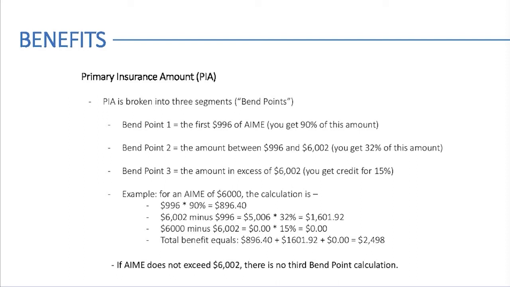But if you look at how the bend points are calculated, it shows how Social Security benefits are weighted to lower income earners. A low income earner receives a larger portion of their AIME, their average indexed monthly earnings, anywhere from 40 to 60%. As your income goes up, you get a smaller portion back, to where you may only get a maximum of 25% of what you normally earned each month.